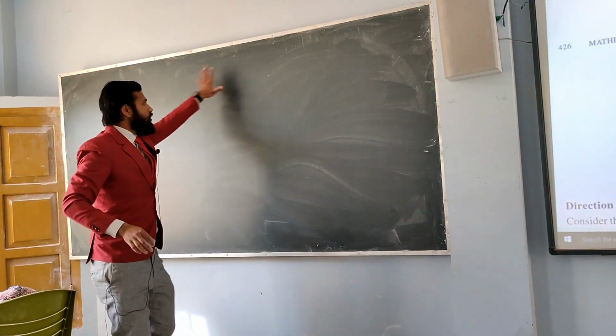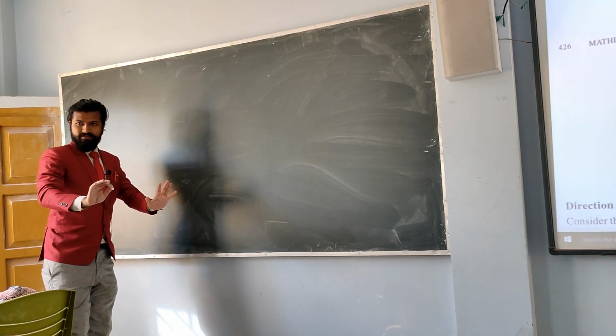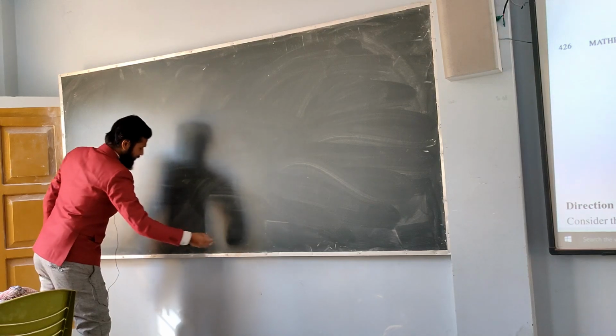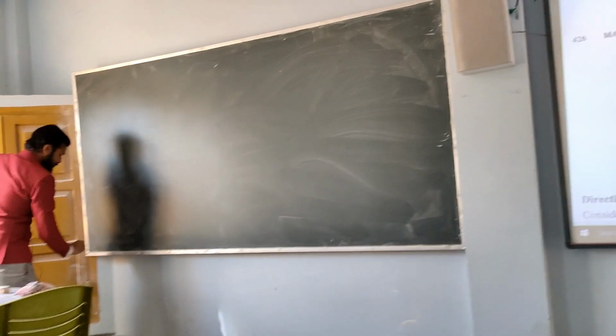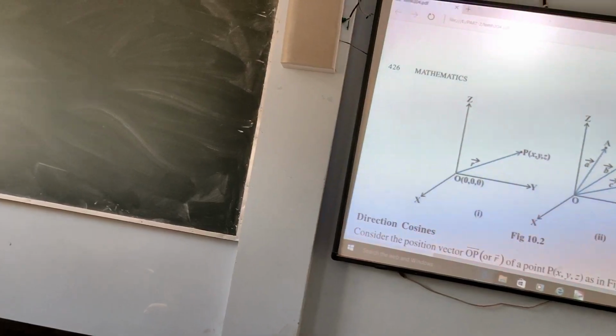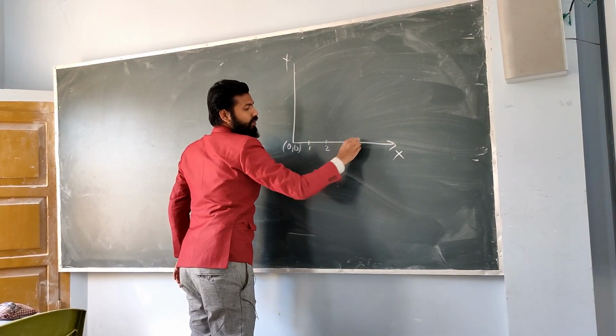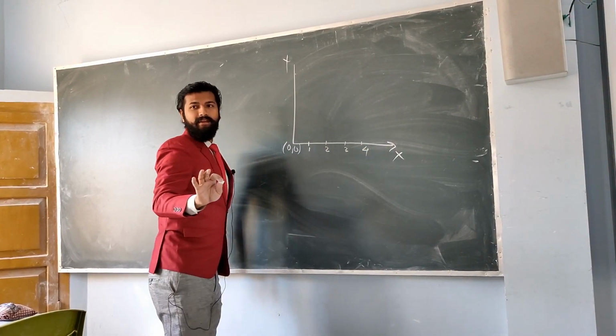This plane, this board, is a 2D plane. It has an x-axis and a y-axis, so the origin is 0, 0. Then 0, 1 unit, 2 unit, 3 unit, 4 unit, okay?